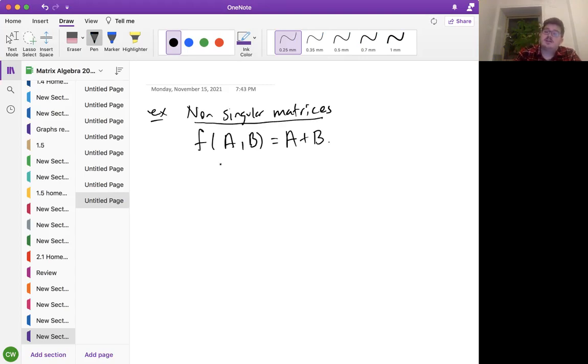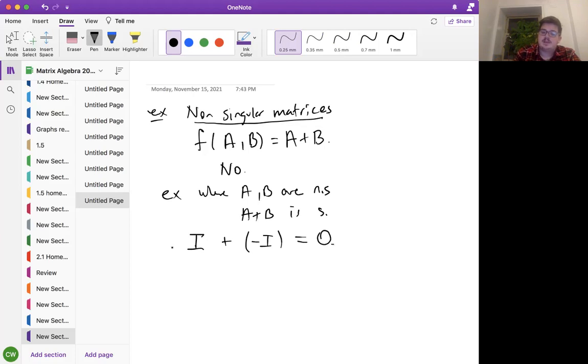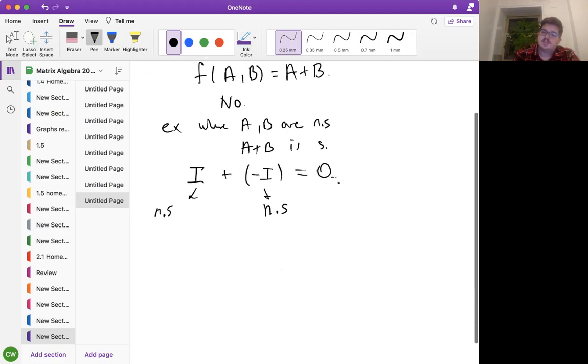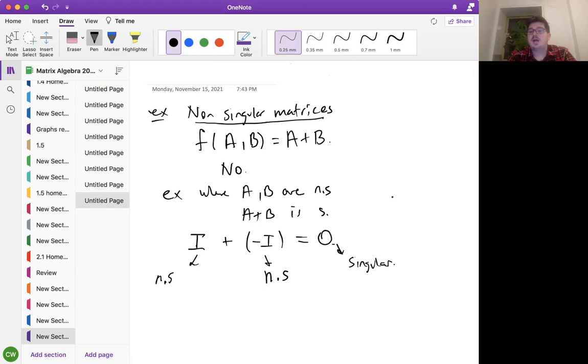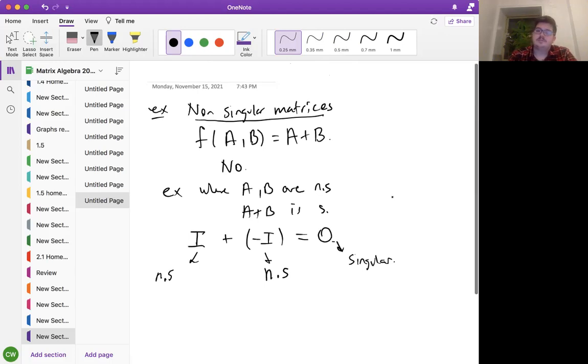It's going to be no. Can you come up with an example where A and B are non-singular, but A plus B is singular? Exactly. You could have I plus negative I is equal to 0. I is obviously non-singular, so is negative I. And if you add them up, you get 0, which is singular. So the sum is not a valid closed operation.